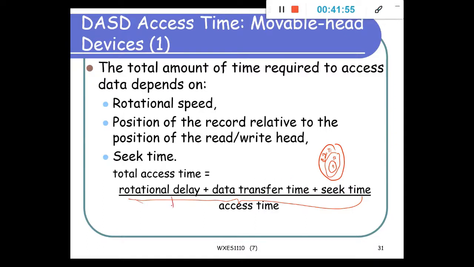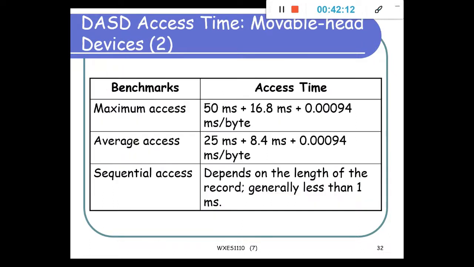Total access time is rotational delay plus data transfer time plus seek time. Rotational delay is between sectors in the track, seek time is between tracks, and data transfer time is for transferring to the main memory.